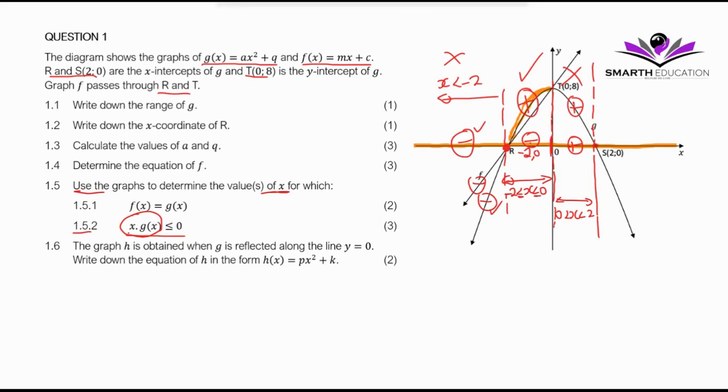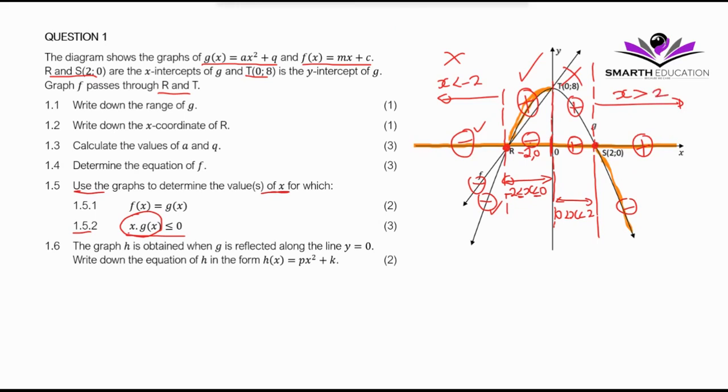And then the last part, the x values are positive, and then g of x is below the x-axis. It is negative. And then this is from 2 going to the right, so x is greater than 2.